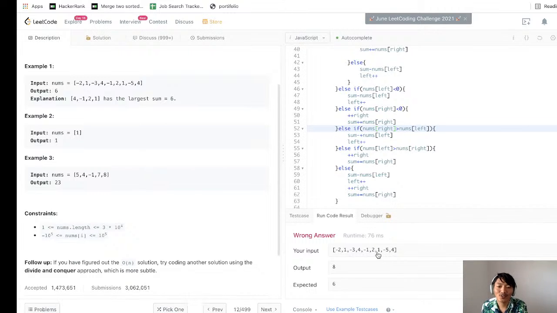Okay, let's go through it. Initially this is -1, so in that case we move both of them. So what we did was -2, -1, -2 plus that becomes 1 and -1. Okay, so that becomes -2, right?